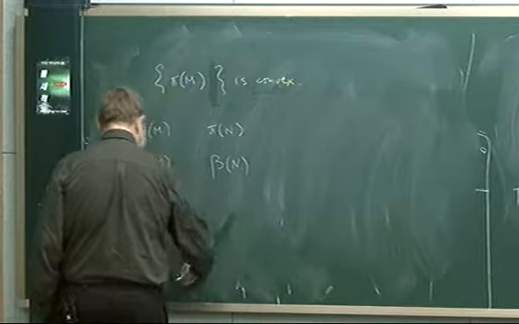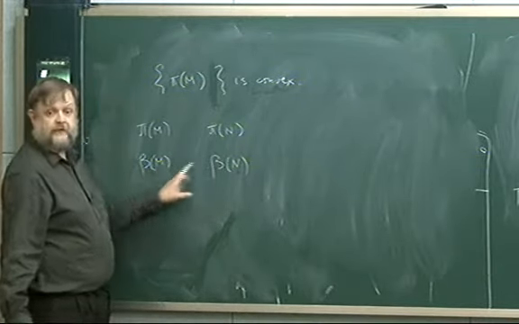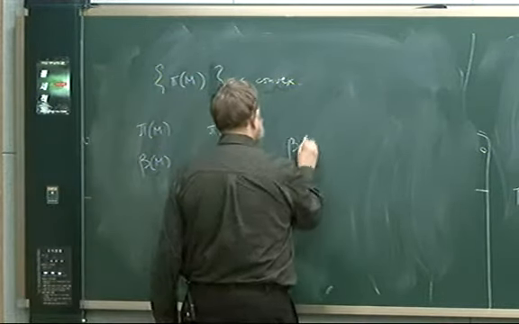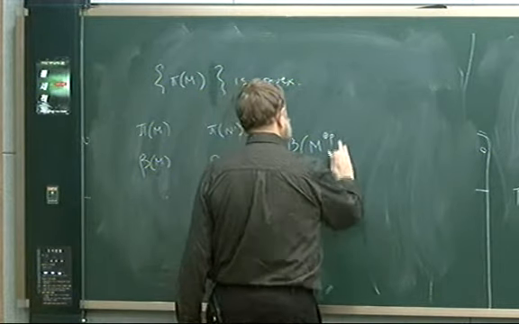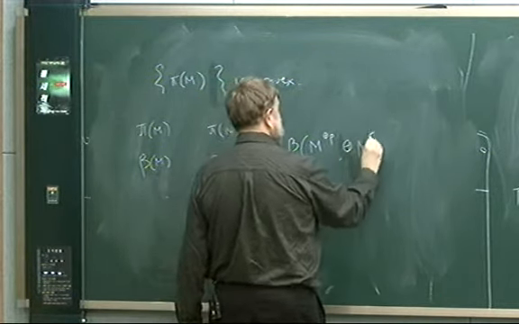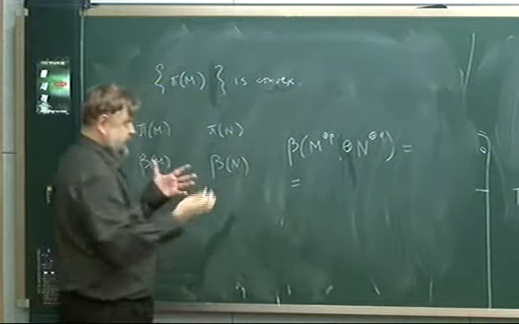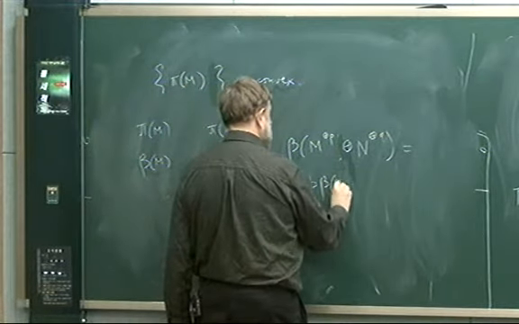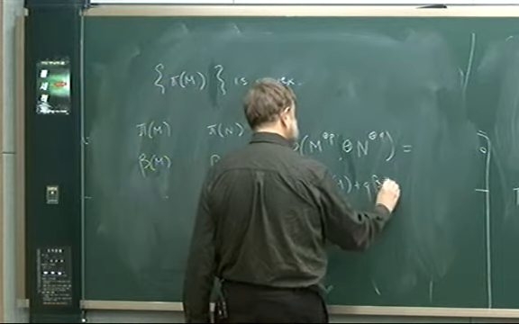But now look what happens. I can take direct sums of many copies of m and many copies of n. Okay? So beta of m direct sum p plus n direct sum q, well, you know, the minimal resolutions add up. So this will be p beta m plus q beta n.